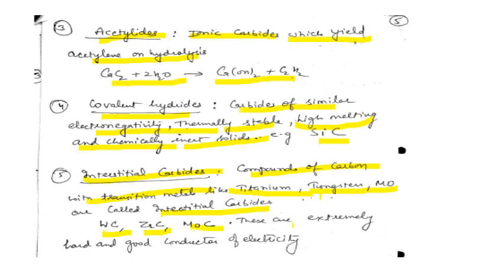These are extremely hard and good conductors of electricity. So these are the 5 types of carbides we have seen: the first is the ionic or salt-like carbide, then methanides, acetylides, covalent carbides and interstitial carbides.